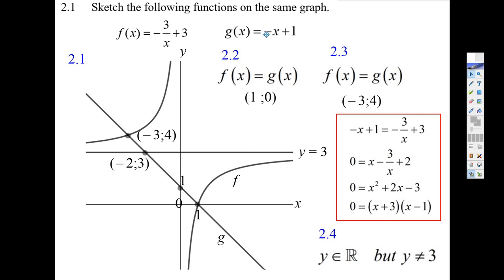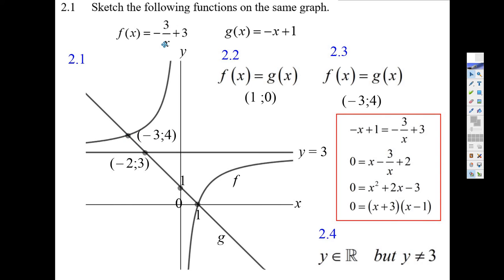Put in negative 2: the negative of negative 2 plus 1 is 3. So minus 2 and 3 works in here, and though that hits the asymptote here. Well, what if we put in minus 3? Let's just see what happens. Minus of minus 3 is 3, plus 1 is 4. I think minus 3 and 4 might work at this point.